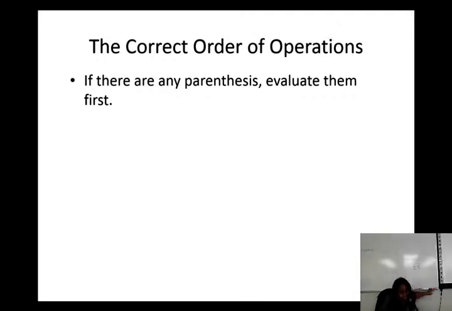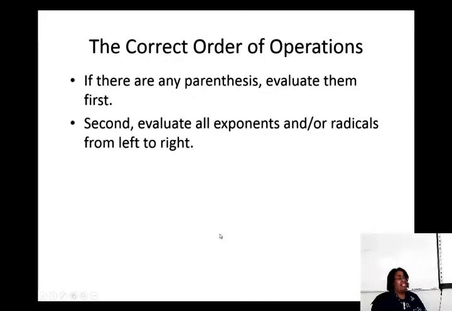Then you want to go to any exponents or roots. When I say radicals, I'm talking about square roots, cube roots, fourth roots, anything to a power, like the second power, third power, fourth power. Any of those things need to be done first. Exponents are powers. So you do those first.